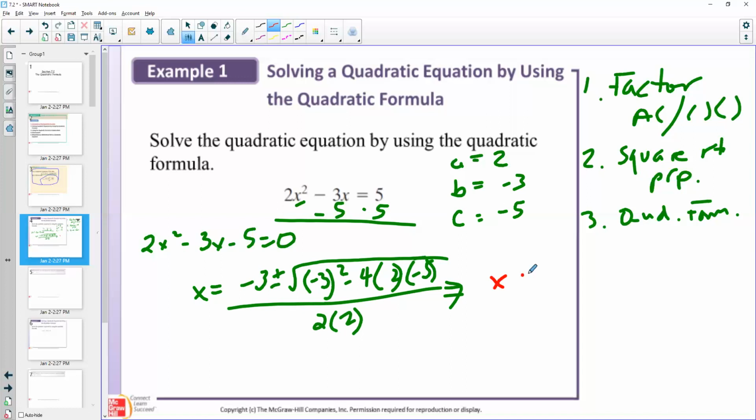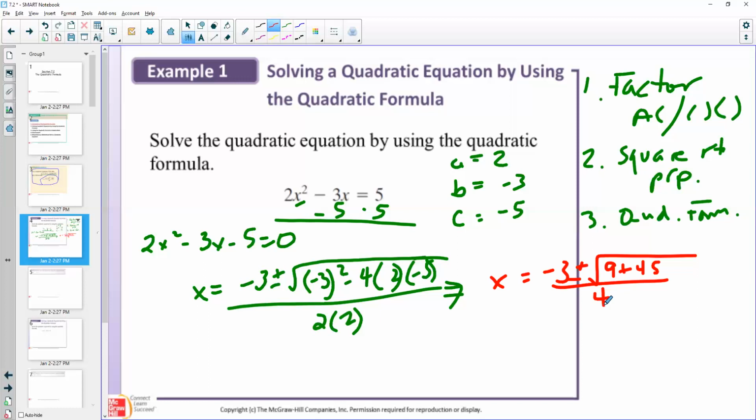That's just the order of operations way to do this. So negative 3 plus or minus, negative 3 squared is 9 minus, negative 4 times 2 is negative 8 times negative 5 is positive 40, over 4.